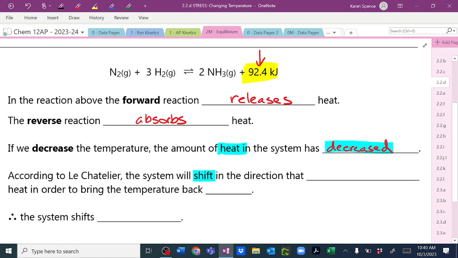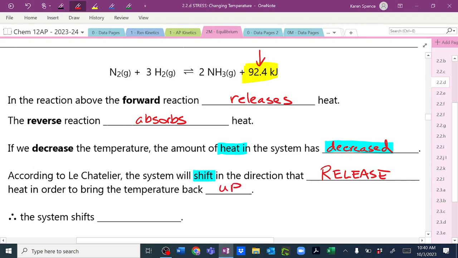Okay, so if we've decreased the amount of heat, that has been the stress. The system is going to shift to relieve that stress. So is the system going to want to release heat or to absorb heat? Yes, release heat, in order to bring the temperature back up.